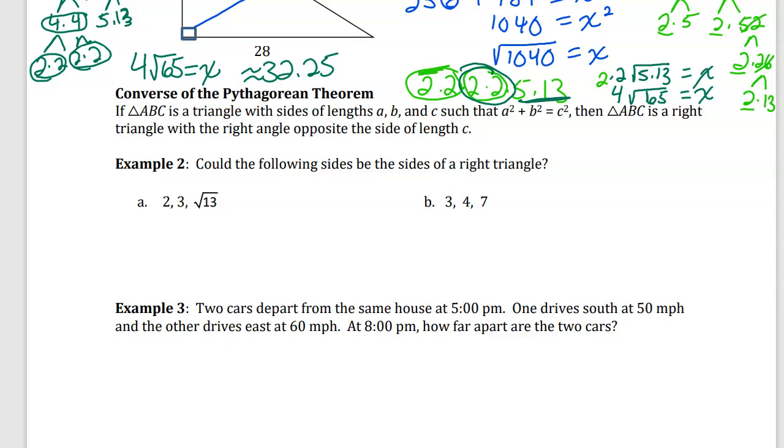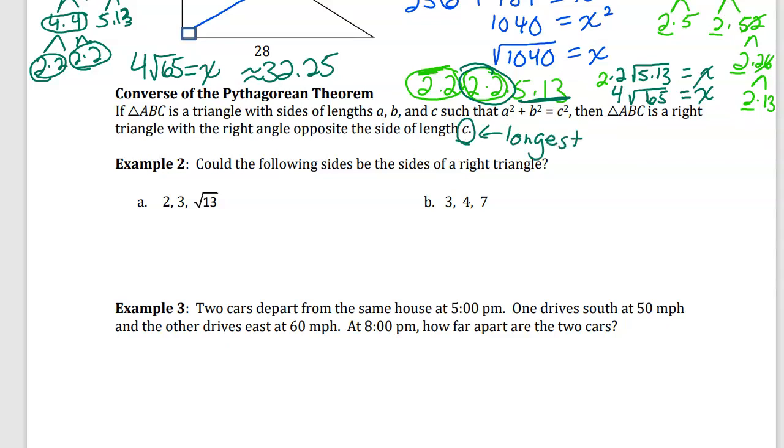So if you have any triangle, and you can solve and get a squared plus b squared equals c squared, that is a right triangle. Whether you're told it is or not, it becomes a right triangle.